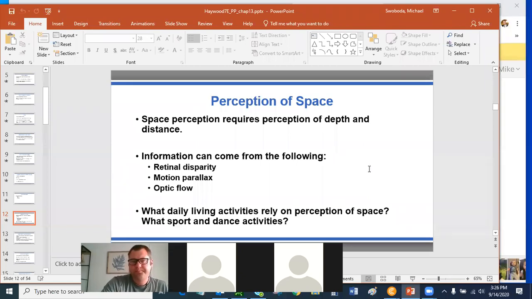All right. We've talked about the perception of space. One of the things with depth perception is that you need both eyes to have true depth perception. If you close one eye, you will maintain some level of depth perception for a little while.